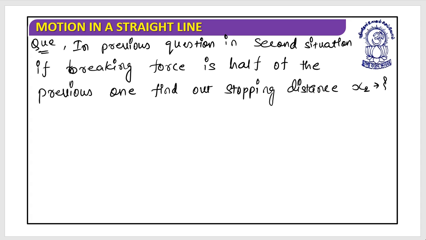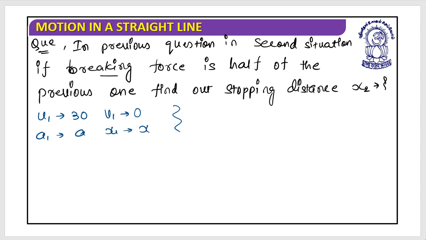You need to find out the stopping distance of the same situation, but what they did is that the braking force is half of the initial. So now the situation seems like my initial velocity u1 was 30, final velocity in this situation is 0, my braking force, let's say a, and my stopping distance was x1.